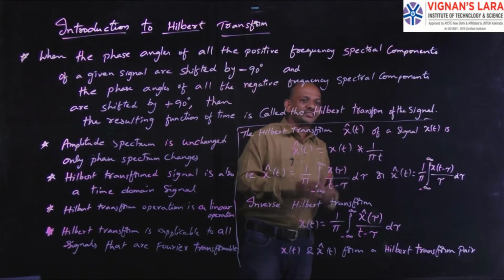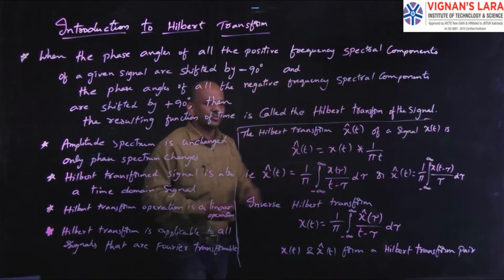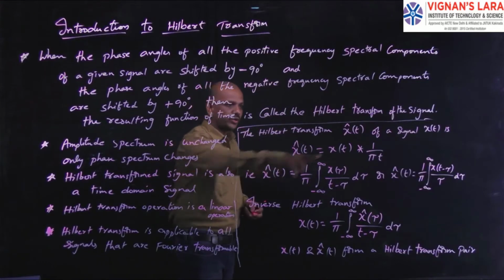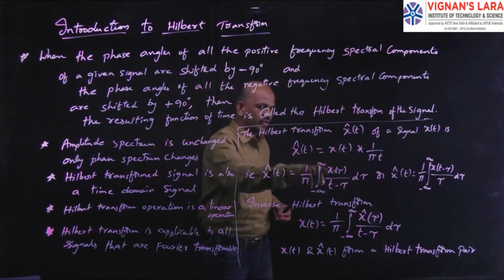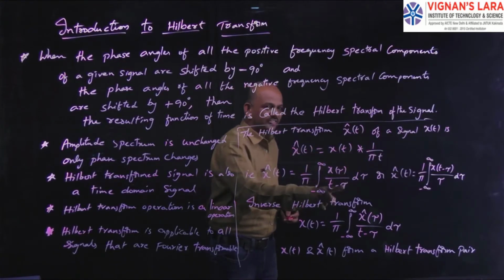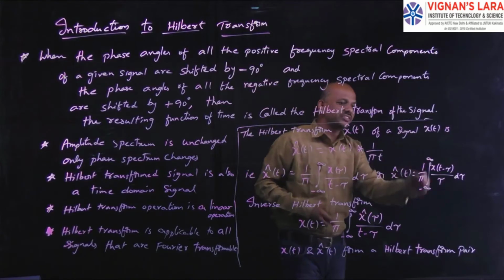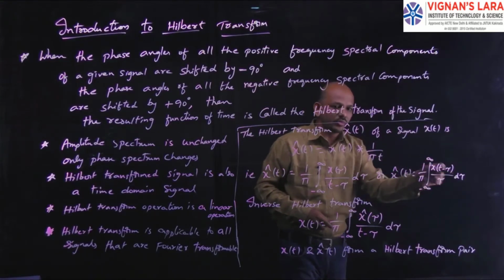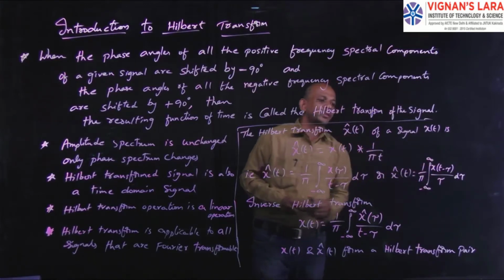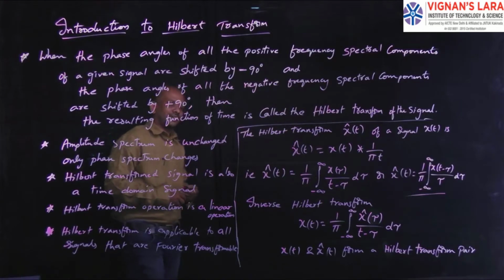So anything is same. We all know the formula of convolution. So, using the formula of convolution, I have written x cap of t equal to 1 by pi into integral minus infinity, first, x of t is replaced with x of tau into 1 by t minus tau d tau, or x cap of t equal to 1 by pi into integral minus infinity x of t minus tau into 1 by tau, that is x of t minus tau by tau d tau. So these are the formulas for Hilbert transform.